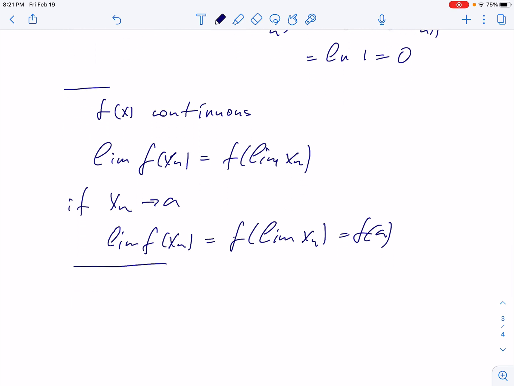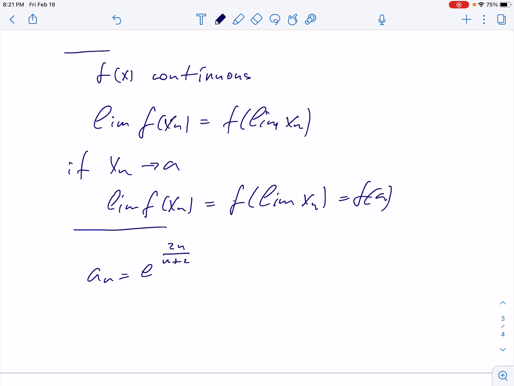Other sequences. Look at this. A sub n is exponential to the power 2n over n plus 2. All this is in the power of the exponential. n grows to infinity. What is the limit?